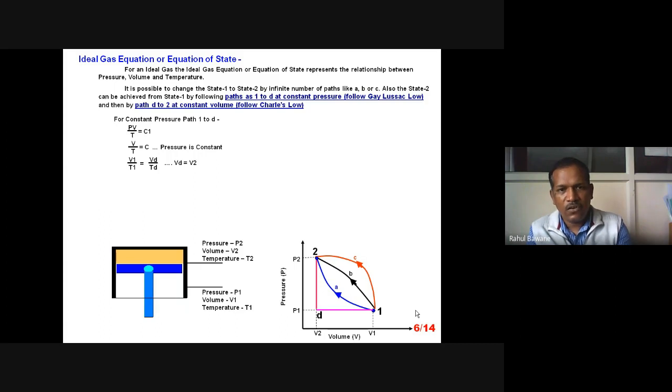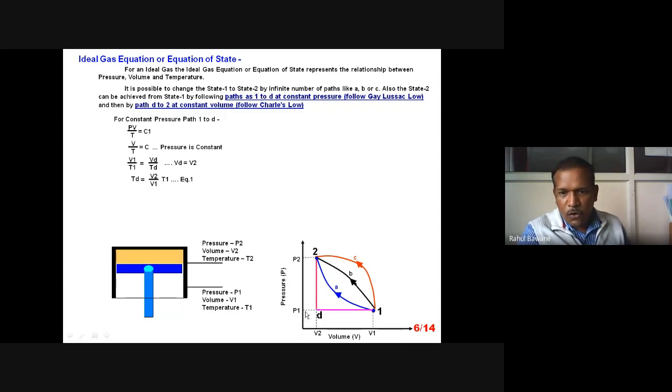And what is the value of Vd? Vd is equal to V2. We can see that V2 and Vd are the same, so we can replace Vd with V2. So we get V2/Td. Now what is the value of Td? Because Td is the unknown factor. So if I rearrange, I get that Td is equal to V2/V1 multiplied by T1. This is equation 1.